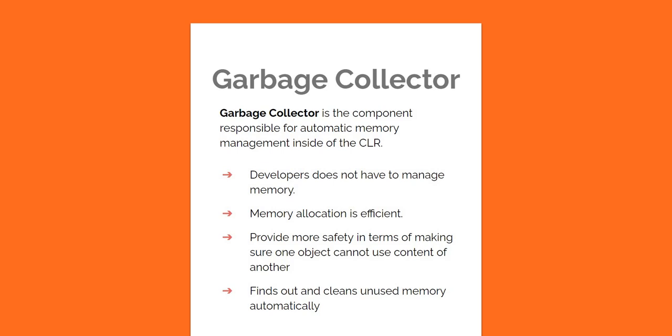First of all, the developer does not have to worry about managing memory themselves, which is a huge win. Memory allocation is very efficient because it is programmed and it is not an individual developer's way of doing it. It provides more safety in terms of making sure that one object cannot use the content of another. And finally, it finds and cleans unused memory automatically. So these are a few of the very basic advantages or benefits of using a garbage collector.